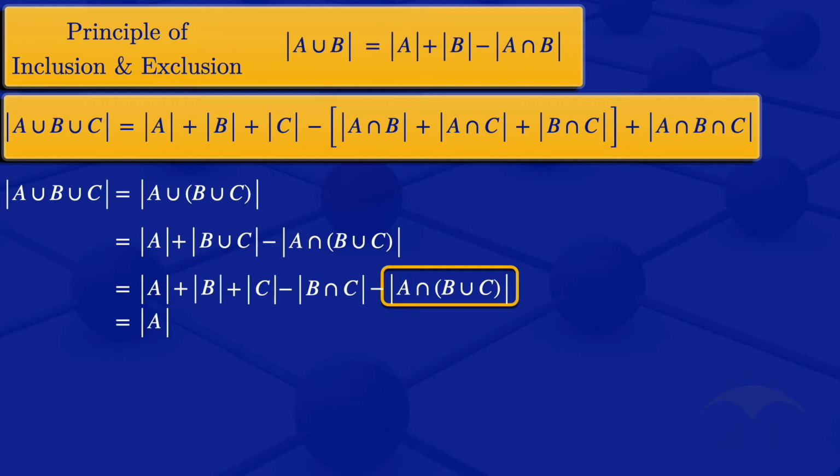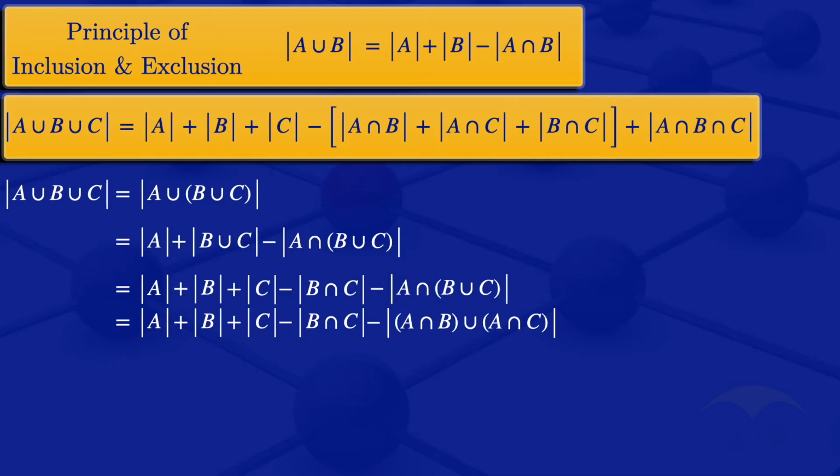So we have the cardinality of A plus the cardinality of B plus the cardinality of C minus the cardinality of B intersection C. And this part, using the distributive law, becomes the cardinality of A intersection B union A intersection C. Now looking at this part here, we can take it as one set, and this part here, we can take it as another set. So we have two sets, and we can use the principle of inclusion and exclusion.